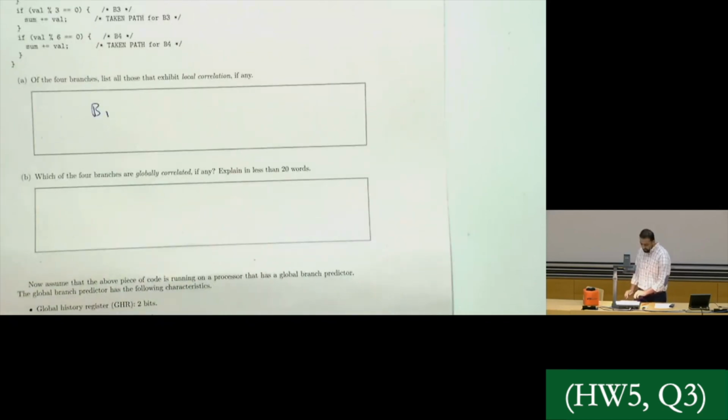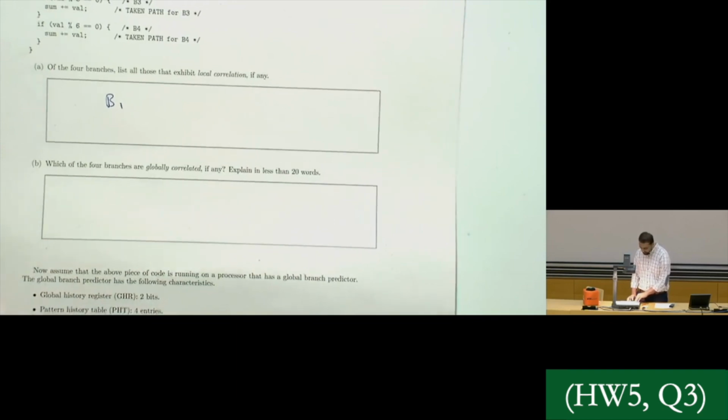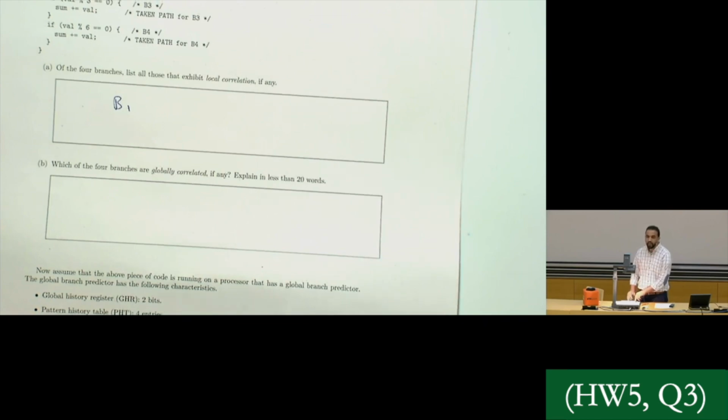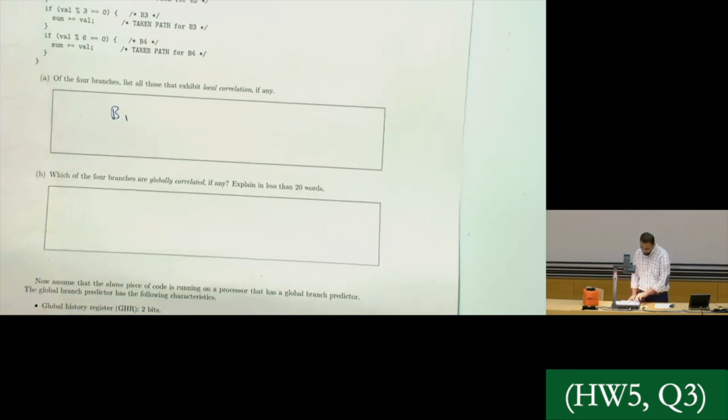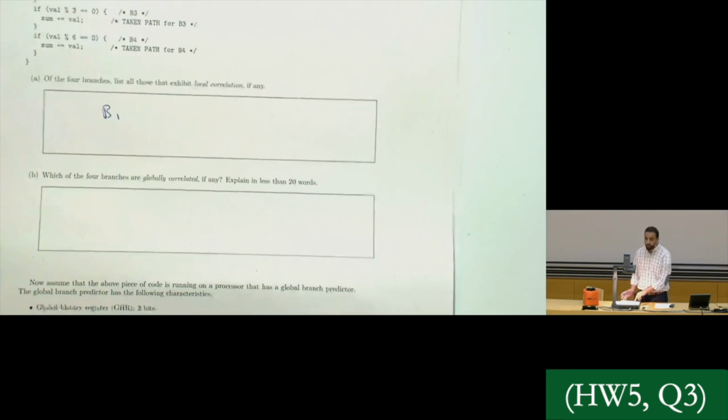So for the second part of the question, the same thing, but I'm asked here to find the globally correlated branches. Meaning that if I'm in the current iteration and one of the branches is taken, can I say something about the other branches? Can I say whether they will be taken or not? So for example, B2. If the value at that index is a multiple of 2, can I say something about whether it's a multiple of 3 or a multiple of 6?